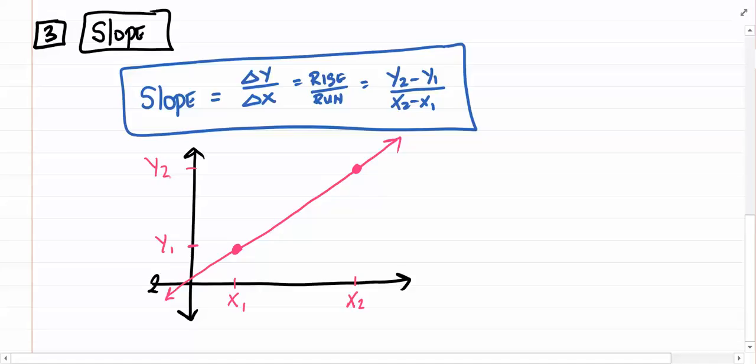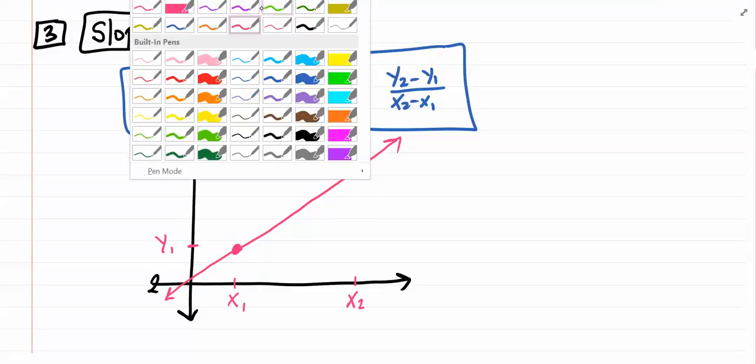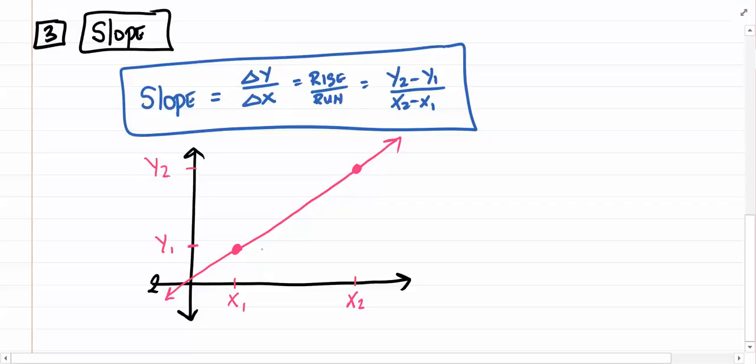So if I was going to label this point here, it would be x1, comma y1. This point up here would be x2, comma y2. So regardless of what point they are in the plane, they would just be those generic points.